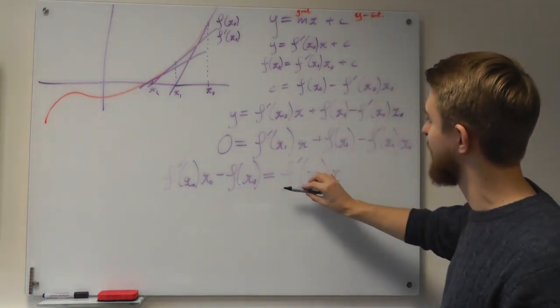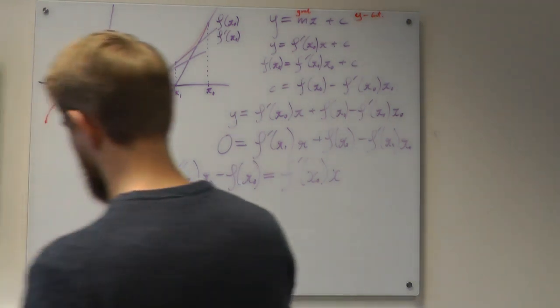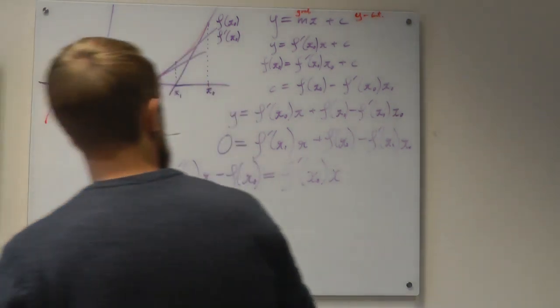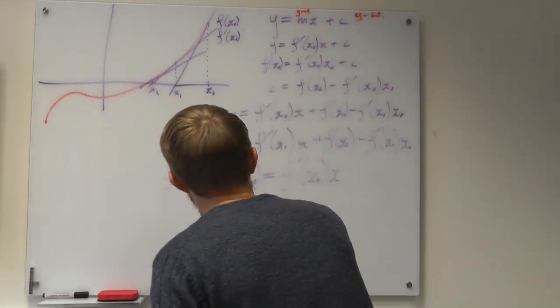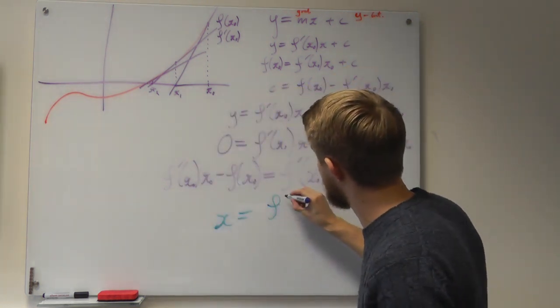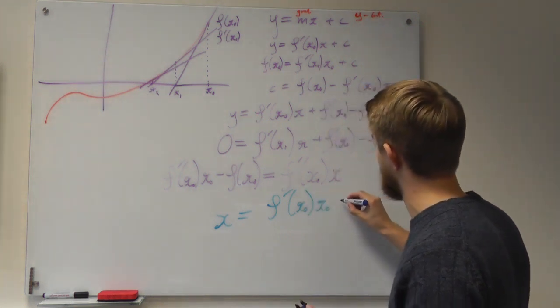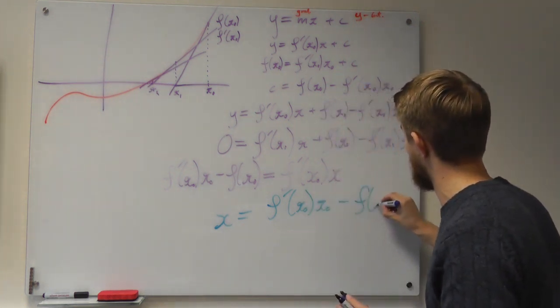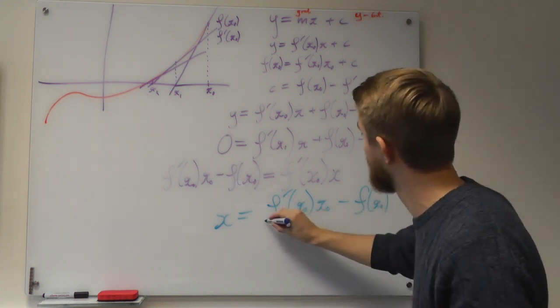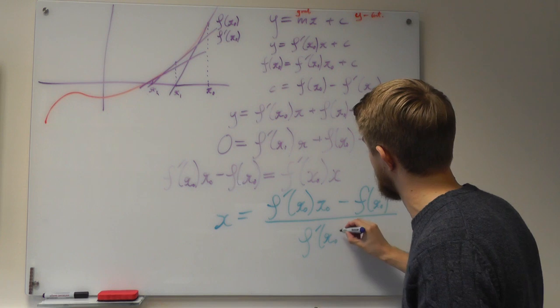And then we're just going to divide through by this to leave x on its own. And we're going to get the following. We'll get that x equals f prime of x0 times x0 minus f of x0, all divided by f prime of x0.